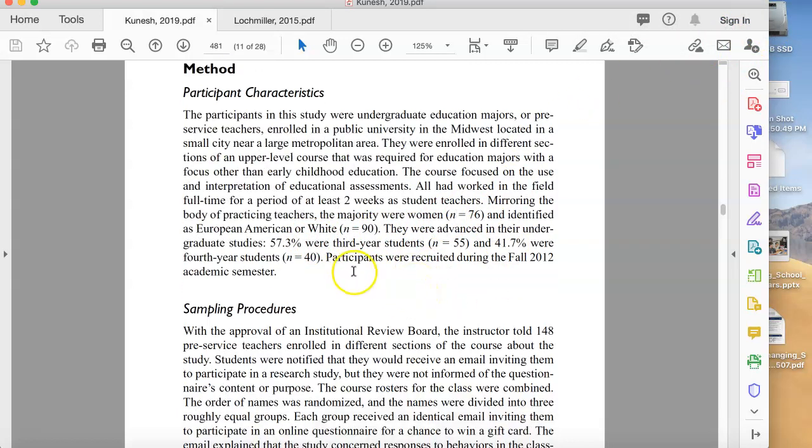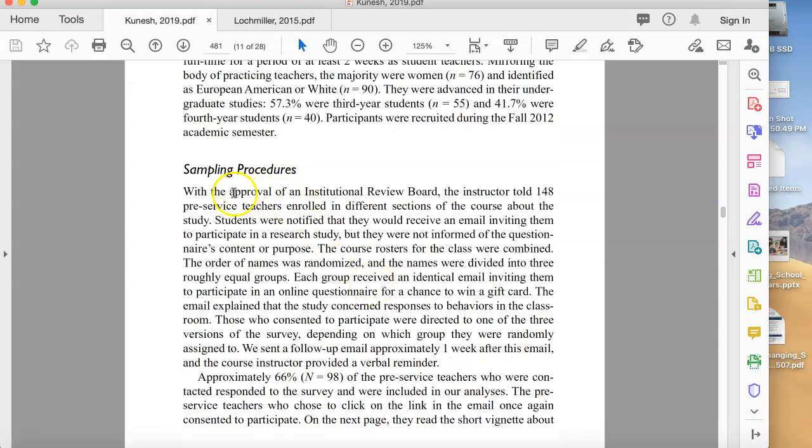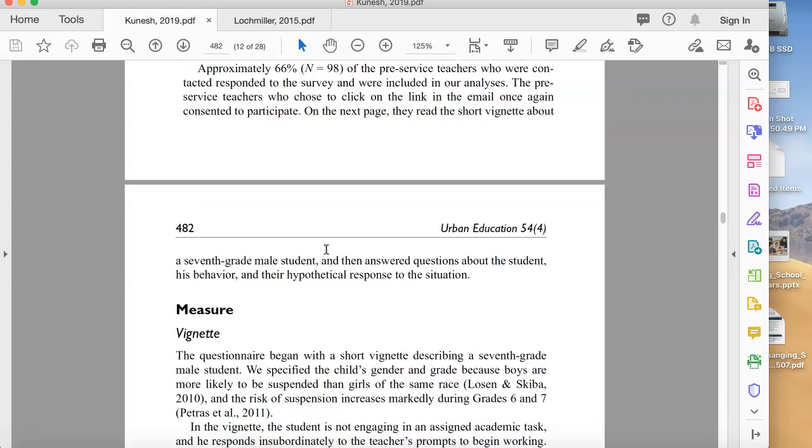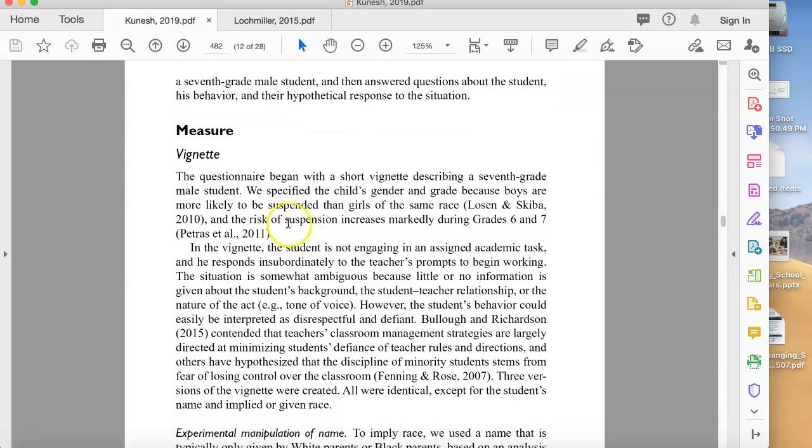And then we have information about where they are in their studies, how they were sampled, and here where it says measure, basically they say how we measured the stereotype that we were hoping to measure.